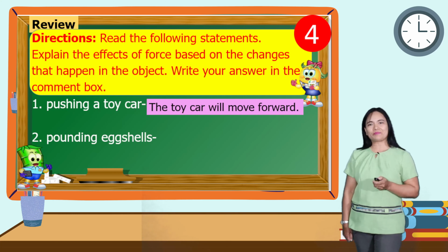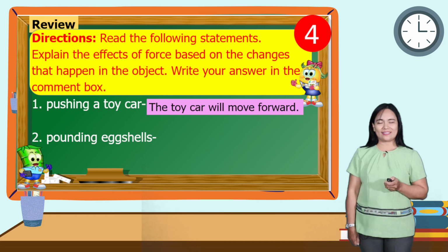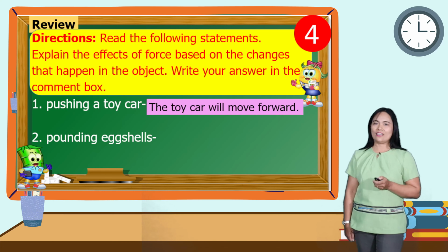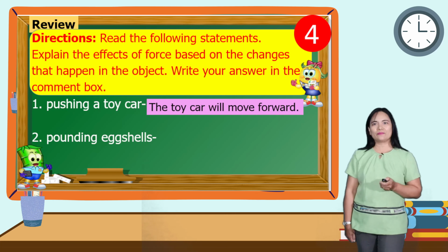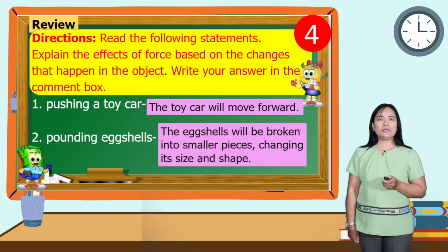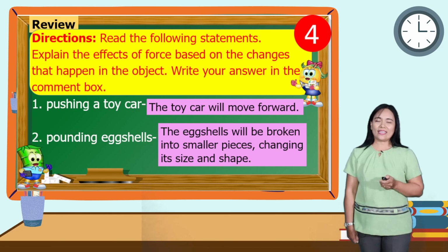Very good. Number 2, pounding eggshells. Write your answers in the comment box. Let us see if your answers are correct. Okay. The correct answer there is the eggshells will be broken into smaller pieces, changing its size and shape.